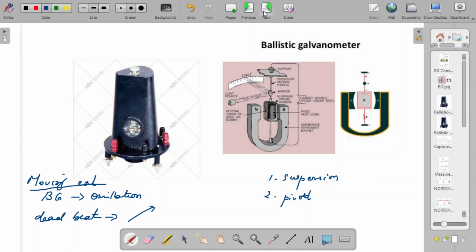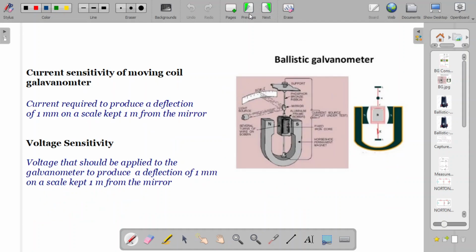When a current flows through a galvanometer, it has to be sensitive, in the sense that even for a very small current flowing through it, the galvanometer has to make a movement, or produce a torque, so that you can measure it. How sensitive a galvanometer is, is basically the quality of a galvanometer, right?